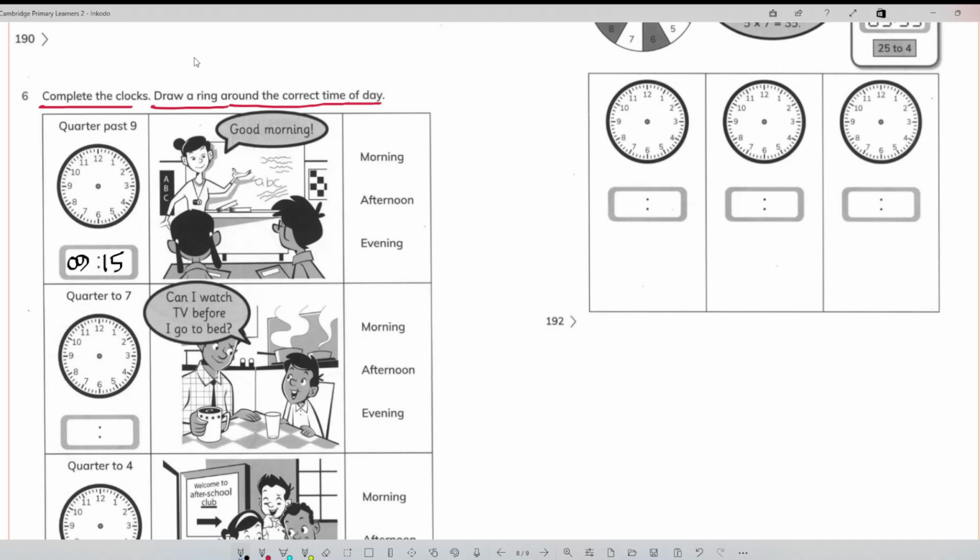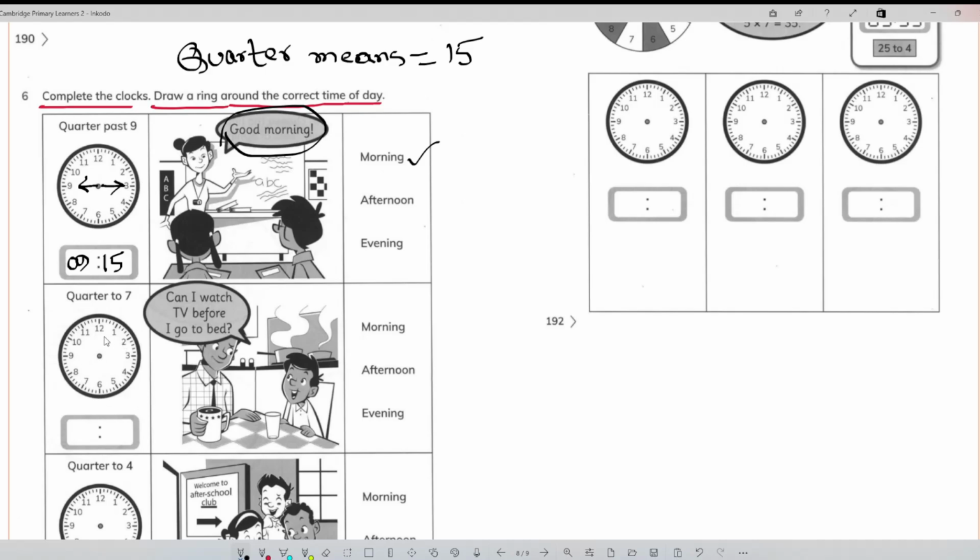Because we know quarter means 15, right? So this is 9 and 15 means 3. Okay, so the teacher is saying good morning. So 9:15 is morning.